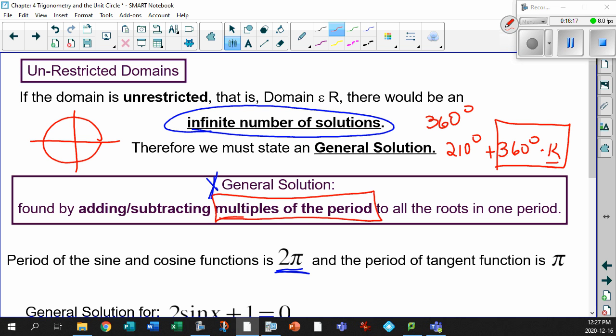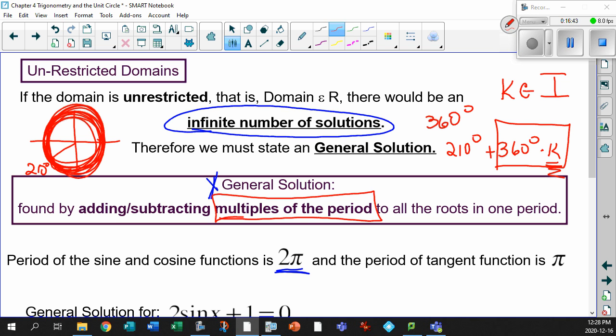So my answer is 210, which is out here. The number of revolutions, you're going to keep adding 360 to this number. Add 360 again. Add 360 again. And you can keep on adding 360s for an infinite number of times. That's why this k is going to be a value that's going to be the integers.